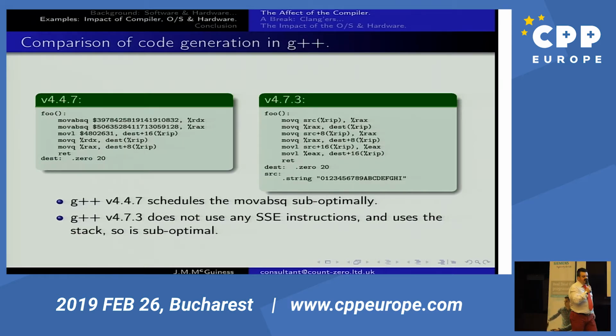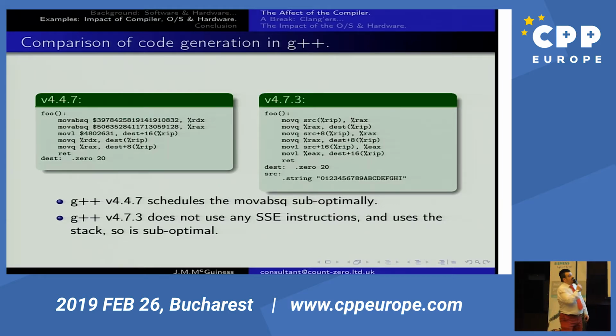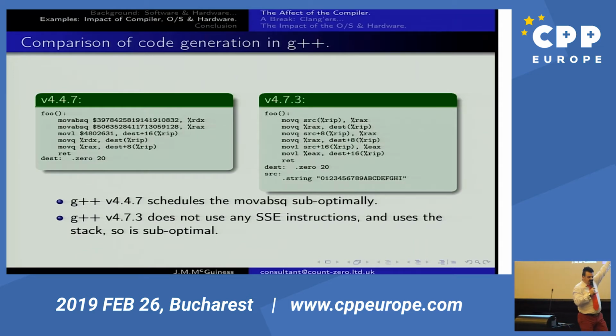Another little known fact is the instruction cache takes 1 clock cycle to fetch. The data cache takes 10. So if we move things into the data cache, here in 4.7.3, notice the string is now no longer an immediate, it's on the stack. So it has to be fetched from main memory into the data cache, L3, L2, L1, then into the registers, and the instructions performed.